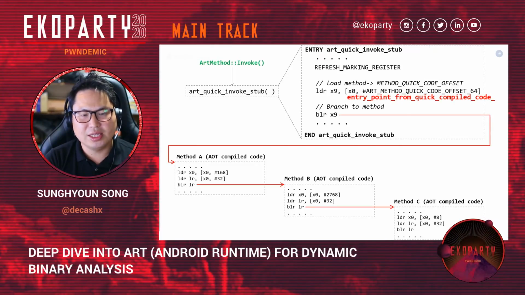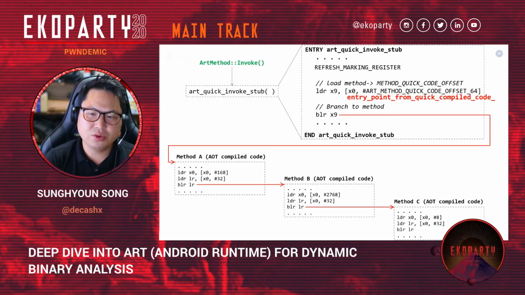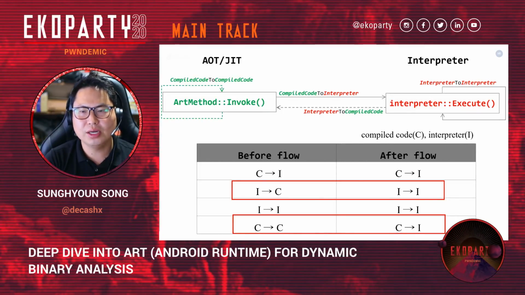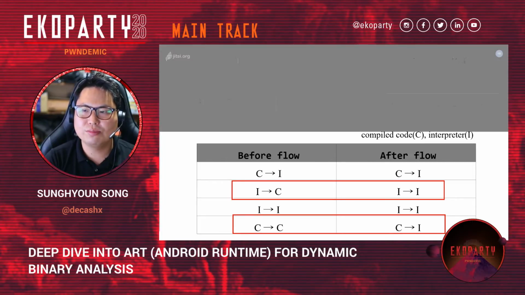So what I did is change the call structure so the bytecode is always called instead of the compiled code for the target function. I changed the ART method invoke function to stop executing compiled code, and instead use the interpreter to execute bytecode.